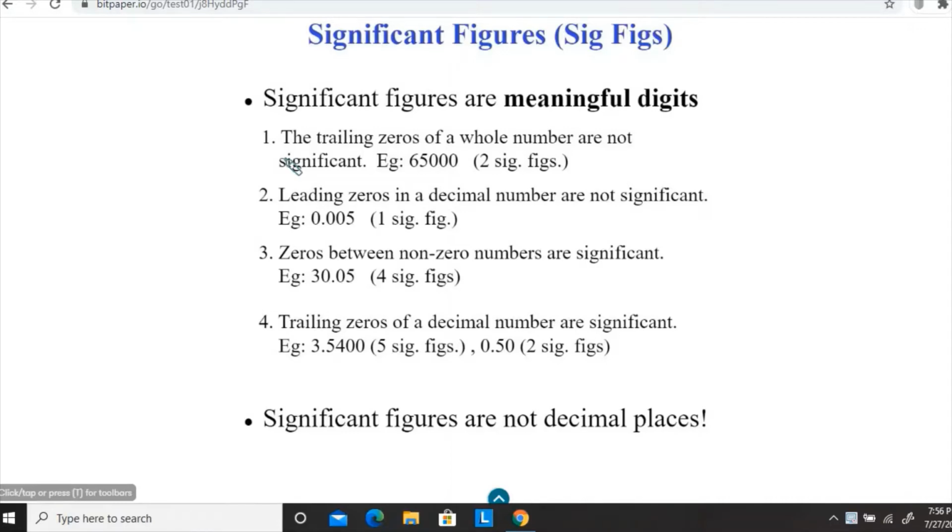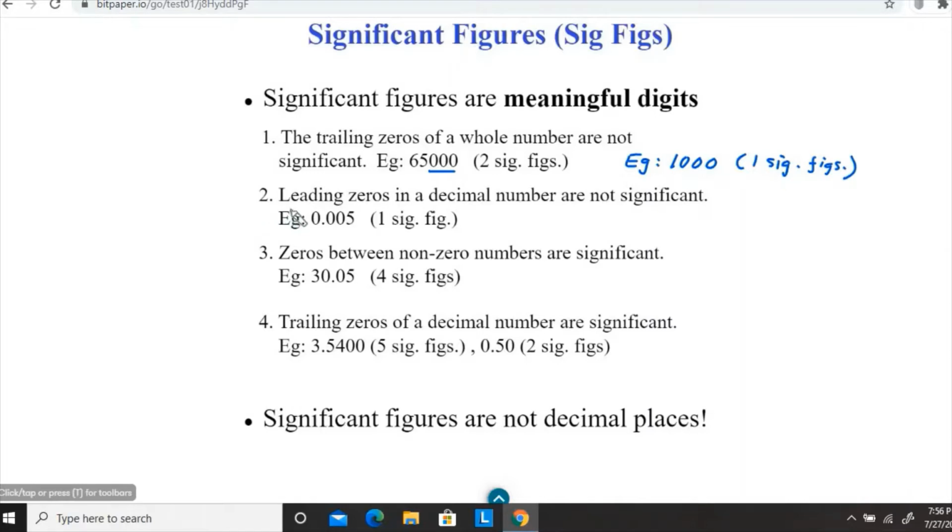The trailing zeros are not significant. Only the digits 6 and 5 are significant. As a result, this number has 2 sig figs. Another example, let's say 1000. Here, there's only 1 sig fig because the trailing zeros are not significant.